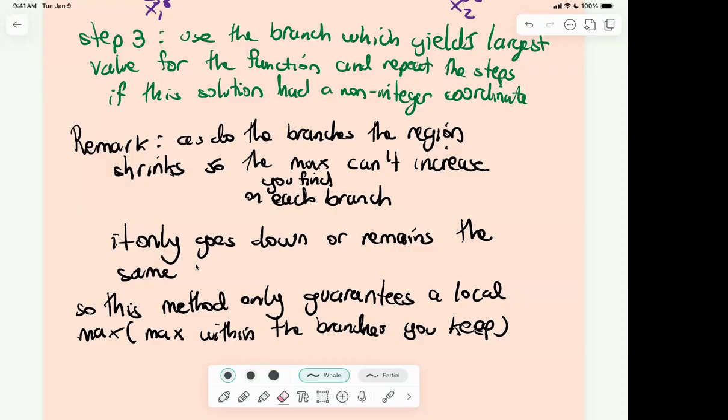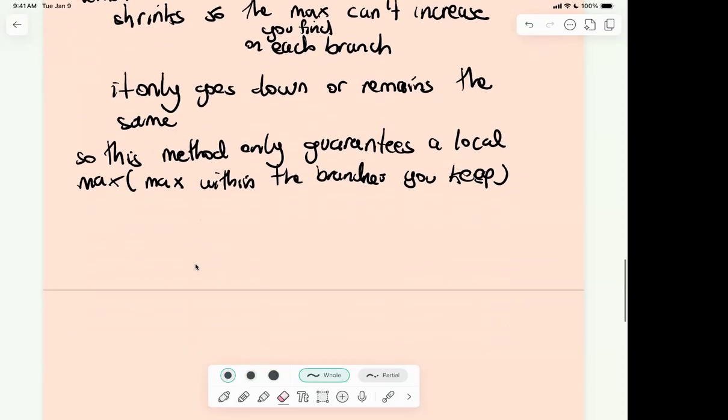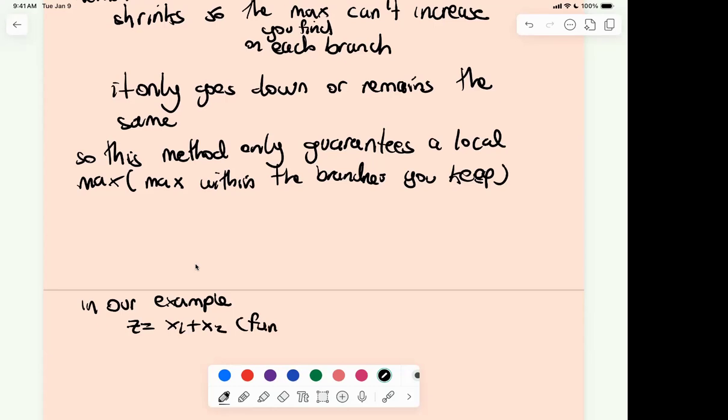Okay, yeah. So in our example, just to show how the branches look, the function z was x1 plus x2. This was our function.